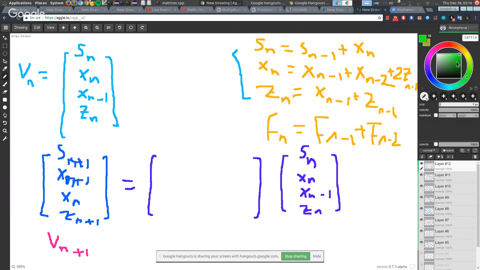Here we can fill in these values. As we know, each row is A, B, C multiplied by this column X, Y, Z, so the result is the dot product: AX plus BY plus CZ.